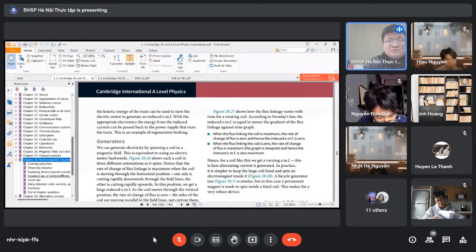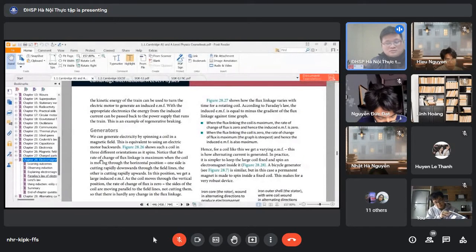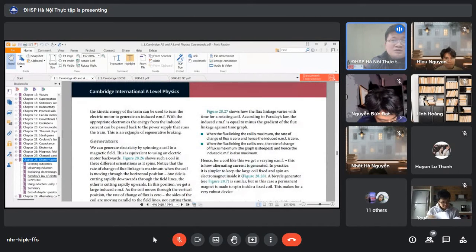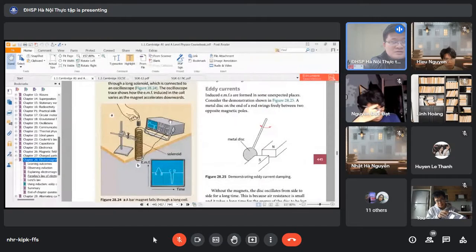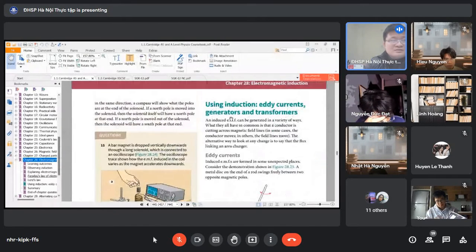The Cambridge curriculum doesn't distribute the content into lessons, so there's no separate section for the generator. The generator is simply the next topic, or an extended topic that goes after, say, eddy current.